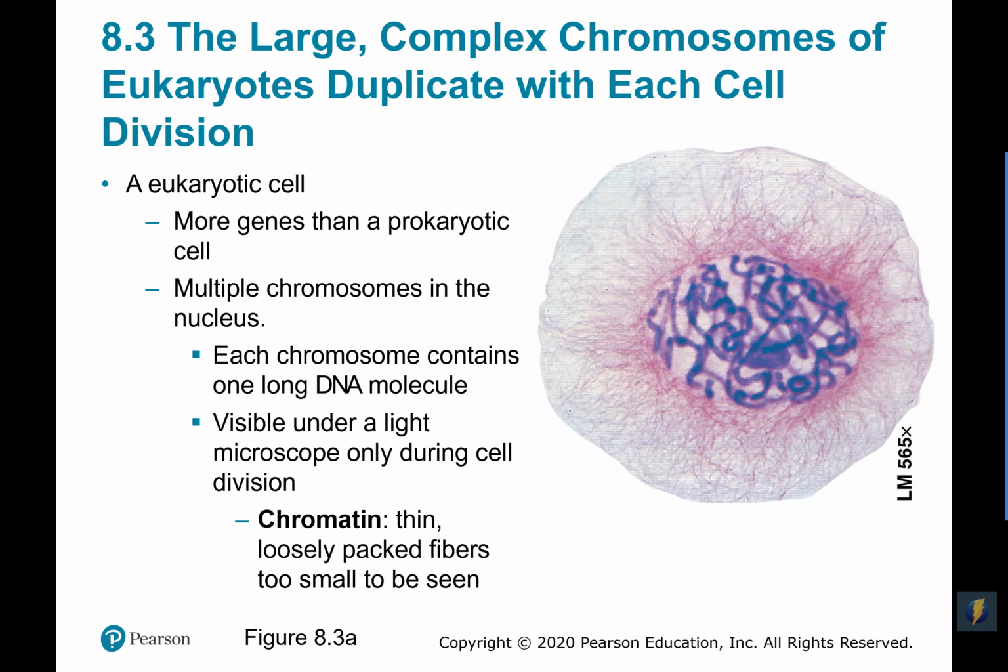It's sort of like that inside the nucleus. And generally you don't see that with a light microscope. But if you have a cell that is going through its division processes, then the DNA gets all coiled up and packed real tightly together, and then you can see the DNA molecule inside the nucleus of the cell.